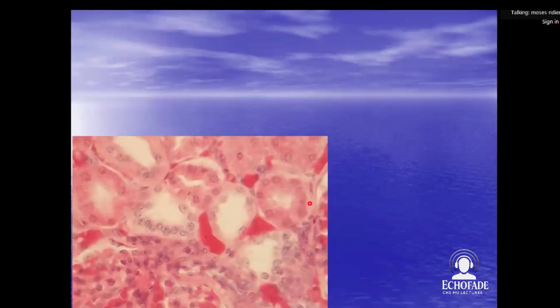So we have an increase in surface area by the labyrinth. The mitochondria provide the energy because we have active transport of ions. So in the proximal convoluted tubule, water is reabsorbed, amino acids are reabsorbed, and ions, sodium, potassium, all those are reabsorbed.